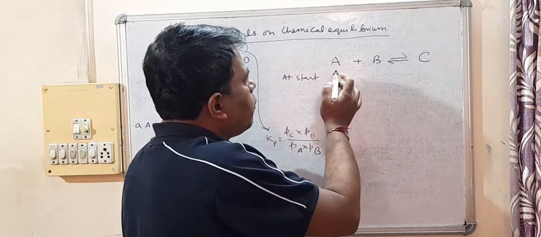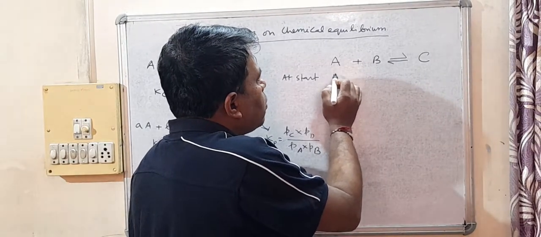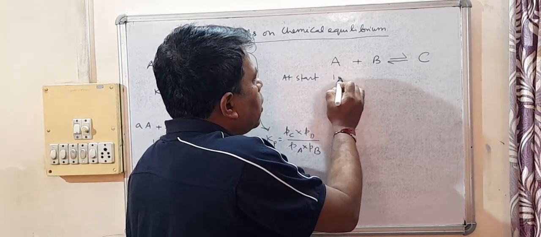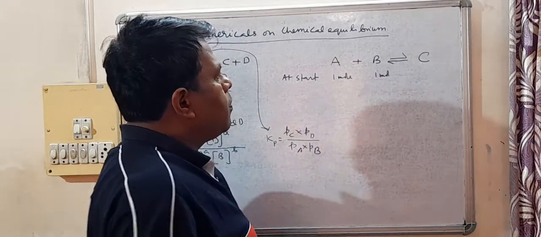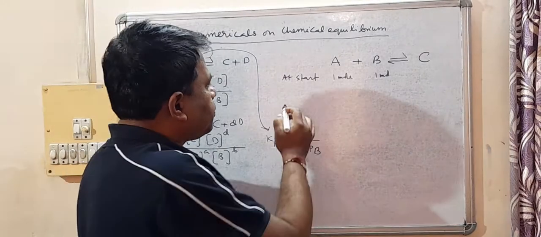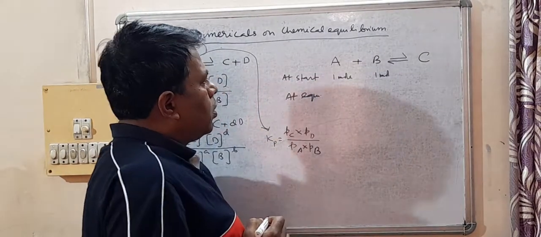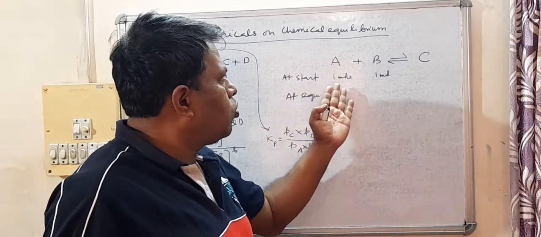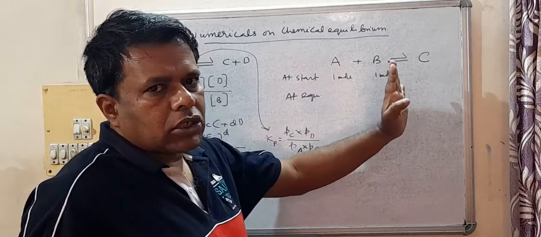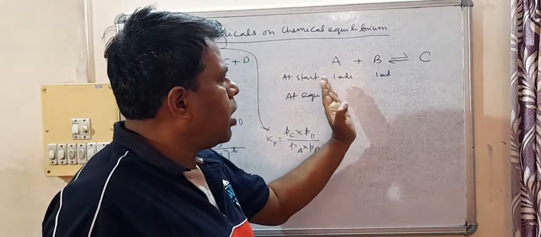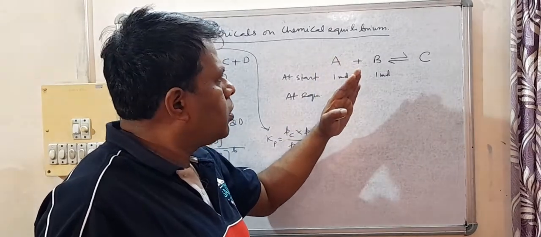Suppose we had taken 1 mole of A and 1 mole of B, and after some reaction has happened, equilibrium will be attained.